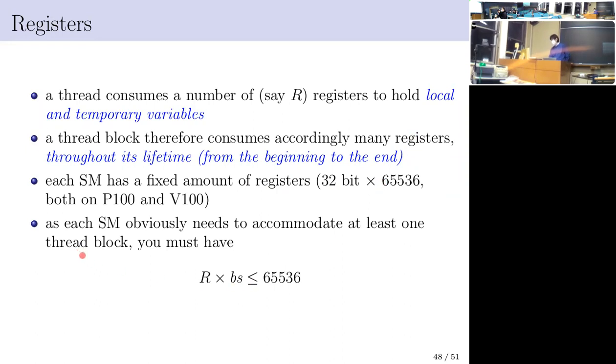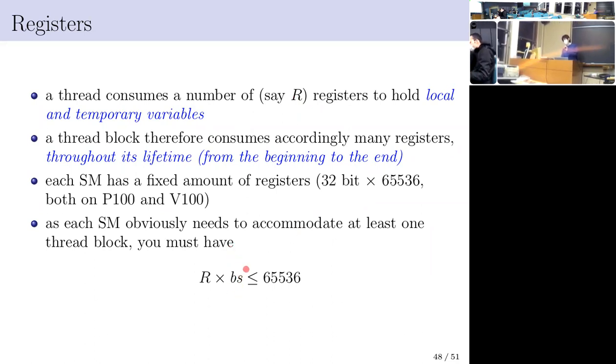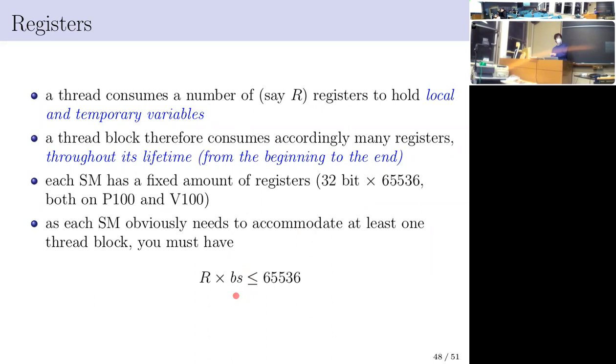So one obvious limitation when you determine the size of a single thread block, which is BS here, is that R multiplied by BS cannot exceed 64,000. Well, more precisely, this is a number of bits, right? Generally speaking, when you have a thread doing very complex calculations, taking so many registers to hold values, then you cannot make a thread block too large.